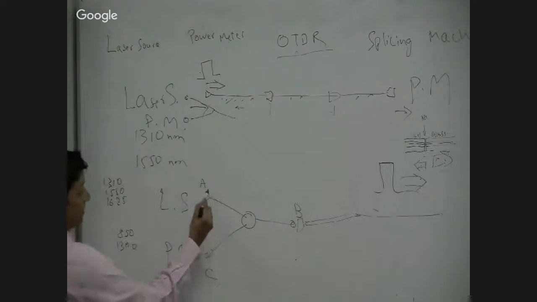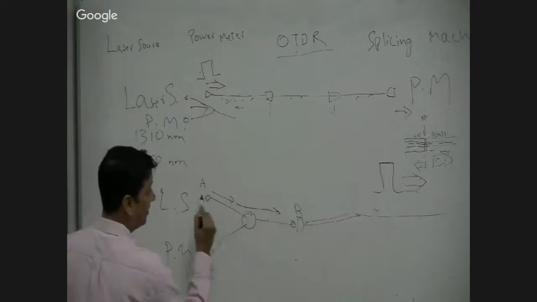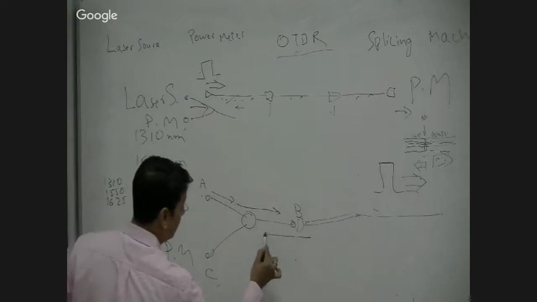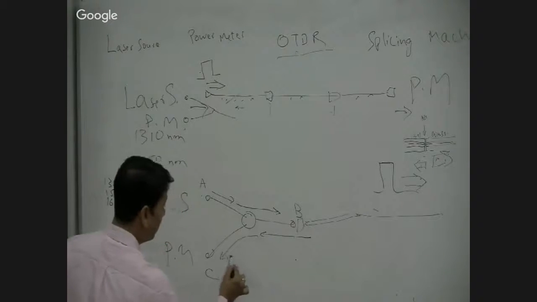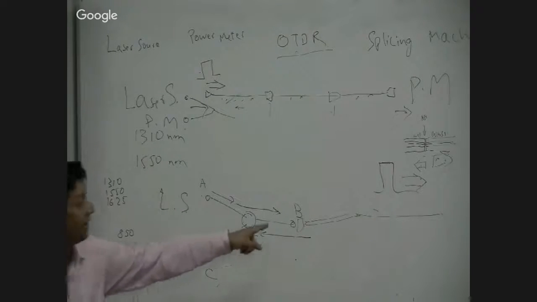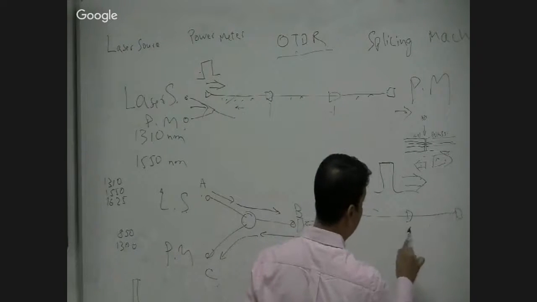From the source, the circulator sends the signal from A to B, and whatever is reflected, the circulator sends to C. So you have a pulse of light sent by the OTDR laser source, and wherever you find a physical connector, there will be a big reflection.